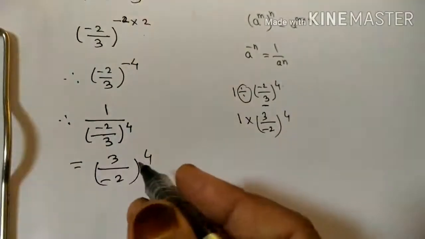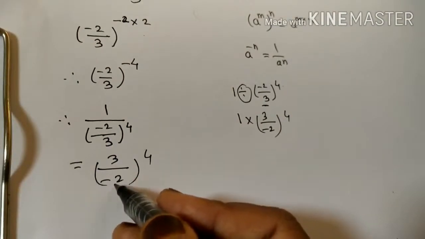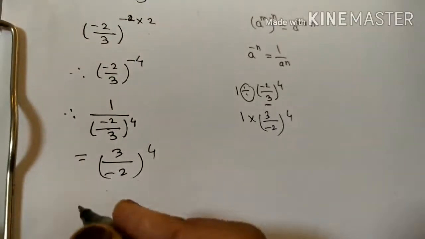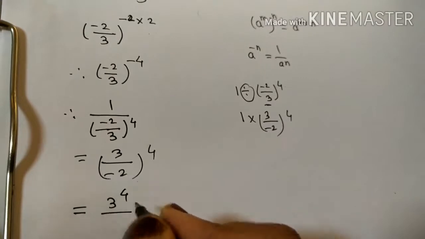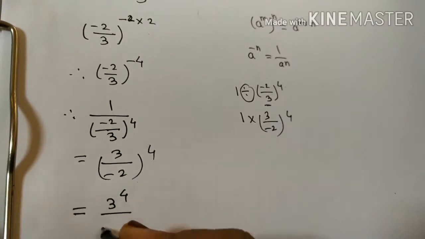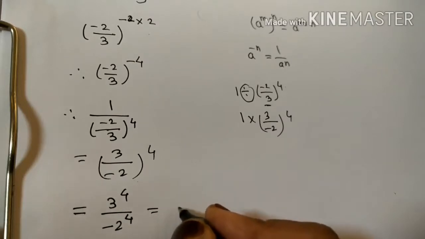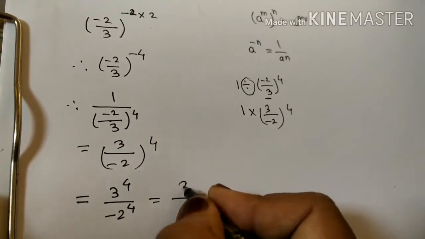Now next, this 4 is applicable to this minus 2 as well as 3. So we'll write is equal to 3 raised to 4 divided by minus 2 raised to 4. 3 raised to 4, means we have to multiply 3 4 times, means it is 81.